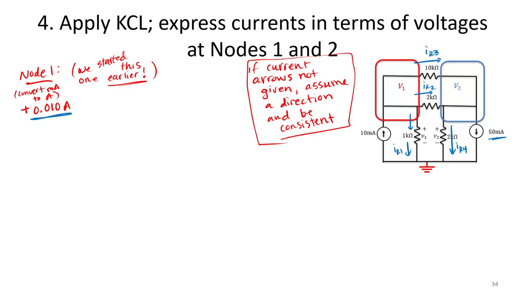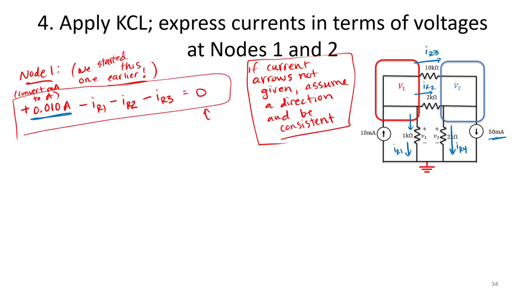We also have minus IR1, because we assume IR1 is leaving node 1. We have minus IR2, so IR2 is leaving node 1, and we have minus IR3. This is our Kirchhoff's current law equation.